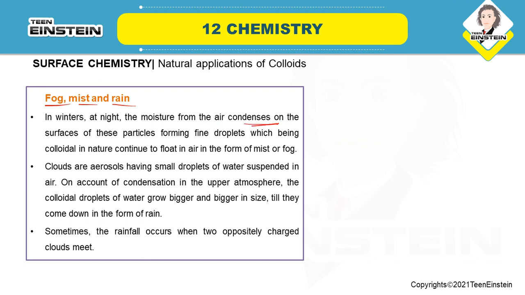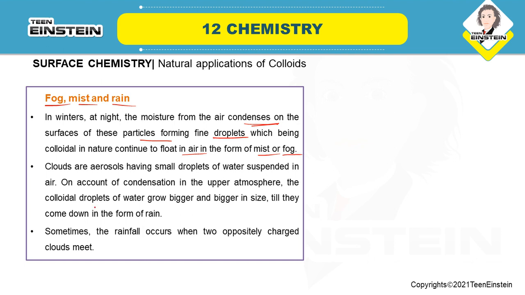So there will be condensation on the surface of these particles, forming fine droplets, on the surface of some, you can consider, dust particles. Now when it is forming droplets, it is colloidal in nature and it can flow in air in the form of mist or fog.